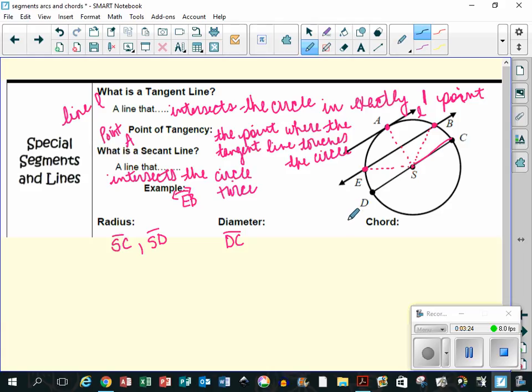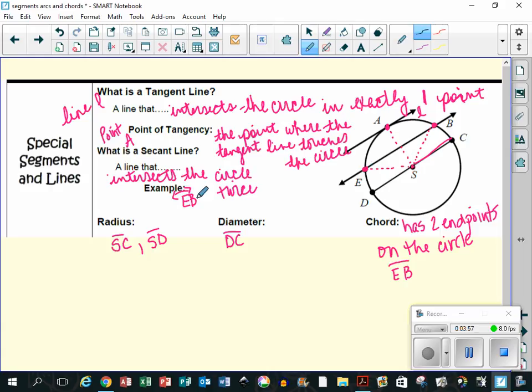And a chord is any line segment that touches the circle on 2 spots. So a chord has 2 endpoints on the circle. For example, segment EB, not line.